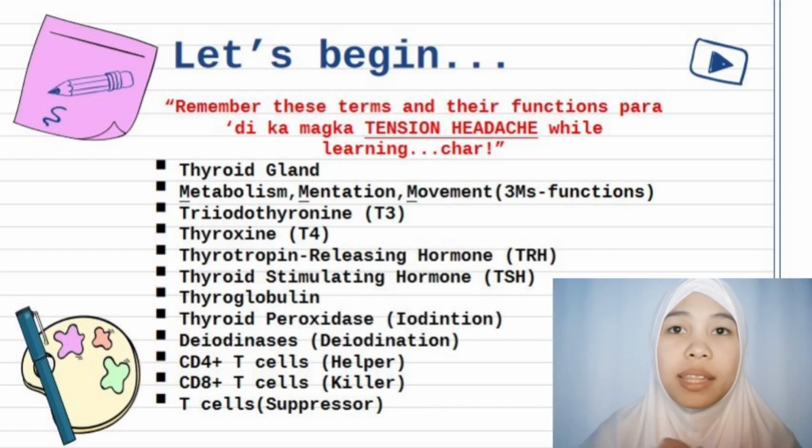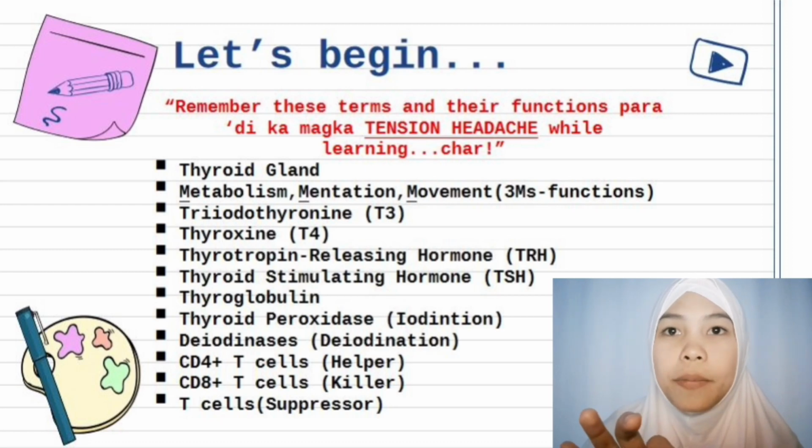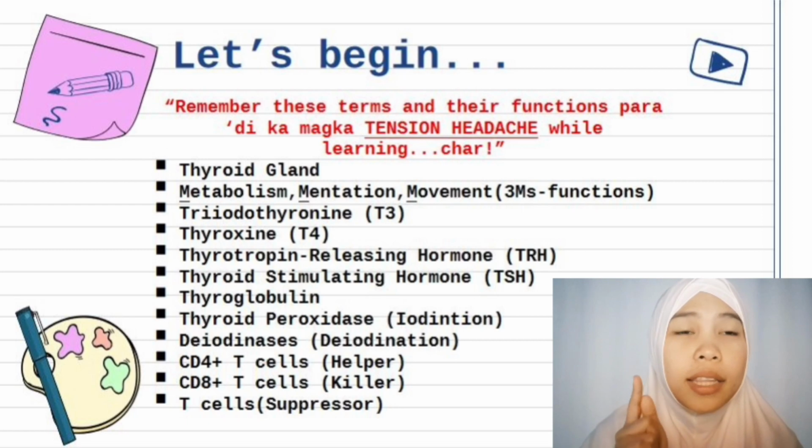And then we also have the thyroglobulin, which is a protein within our thyroid tissues or thyroid cells. And then we also have the thyroid peroxidase, which is in charge of iodination.